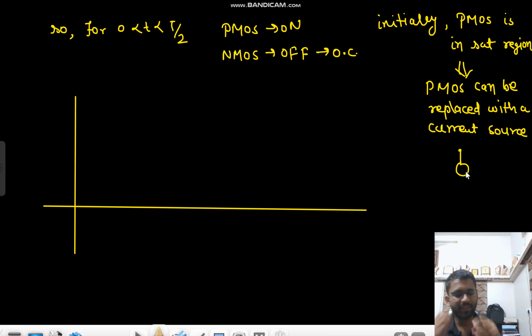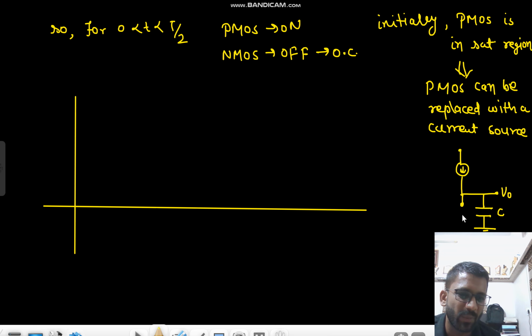Whenever a MOSFET is on and in saturation region, it will be replaced with a current source. And whenever it is in linear region, it will be replaced with the R on resistance, right? We know that. Now this is replaced with the current source, and at the output we have this capacitor C. This is V naught, this is the capacitor C, and this is open circuited. This is PMOS and this is your NMOS.